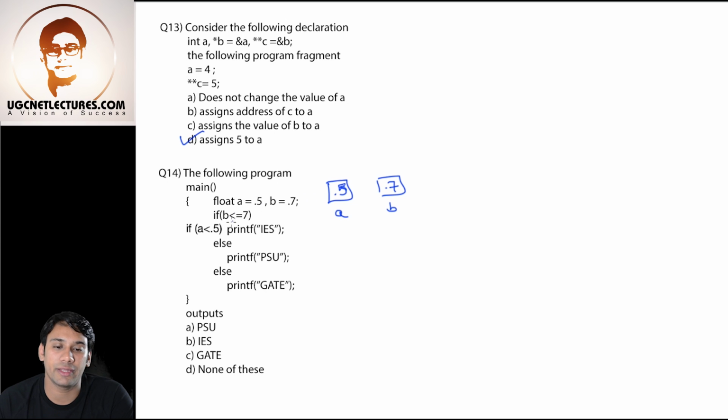In the first if condition they are saying if b is less than or equal to 7, and the value stored in b is 0.7, which is less than 7, therefore this condition is true. So I'm going to execute this statement. The next statement is if a is less than 0.5, and the value stored in variable a is 0.5, therefore this condition is false. So it is going to execute the else statement.